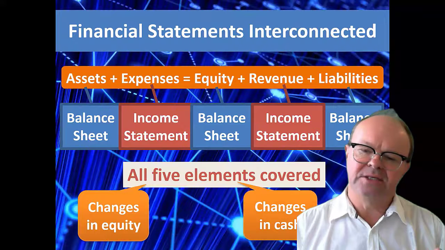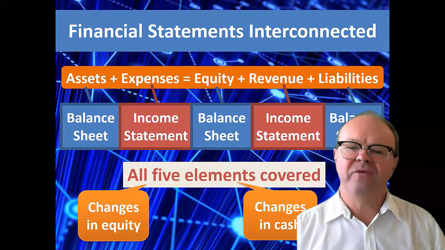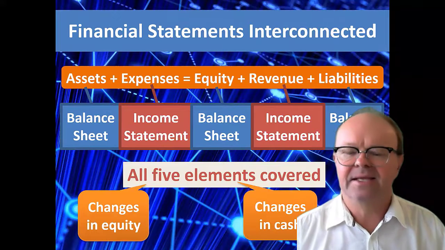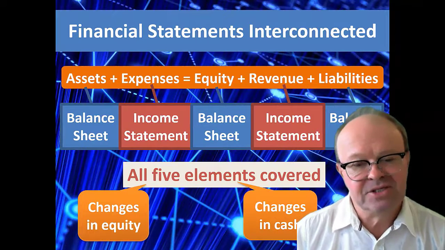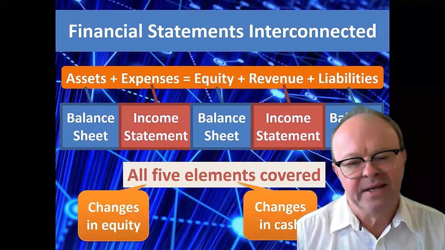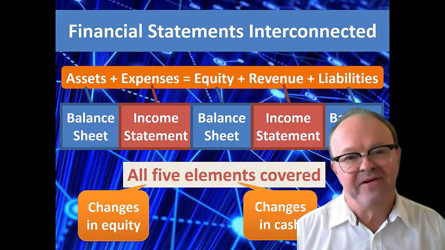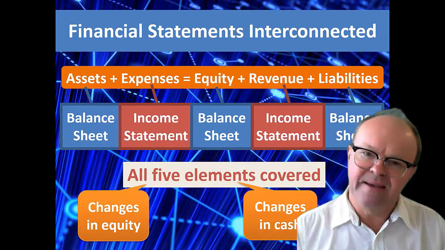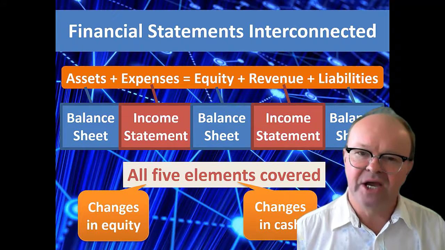And then we looked at the cash flow statement, which shows changes in cash, how we got from the cash balance in last year's balance sheet to the cash balance in this year's balance sheet. And the reason equity and cash get their own financial statements is because the shareholders are particularly interested in equity and how that might have changed.